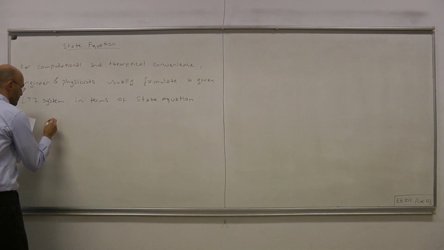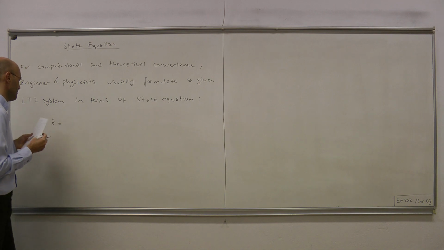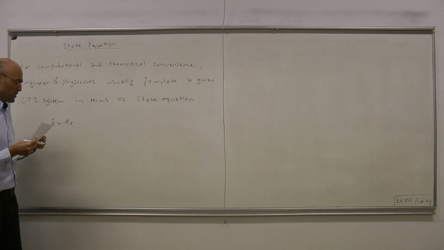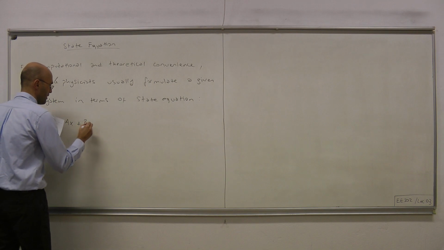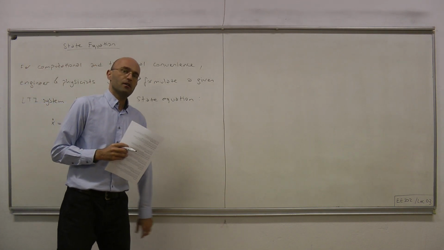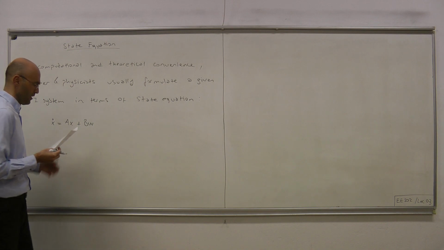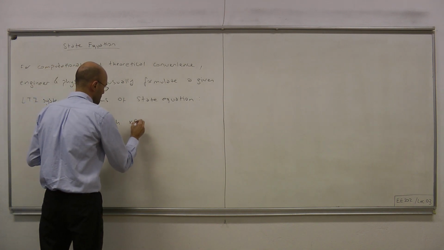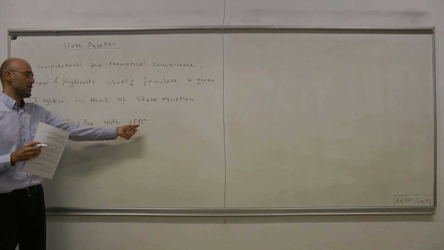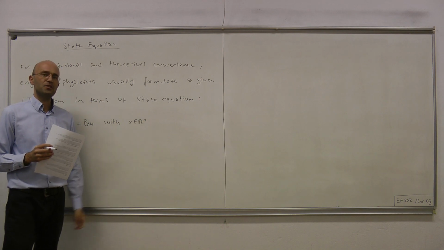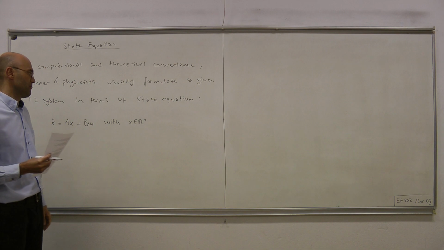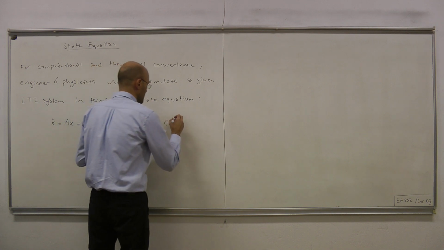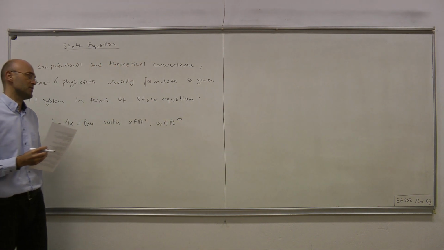It has the following form for an LTI system: x dot equals A times x plus B times w, where x is a vector, say in R^n, and this number n is said to be the order of the system. w is also a vector, of size m.